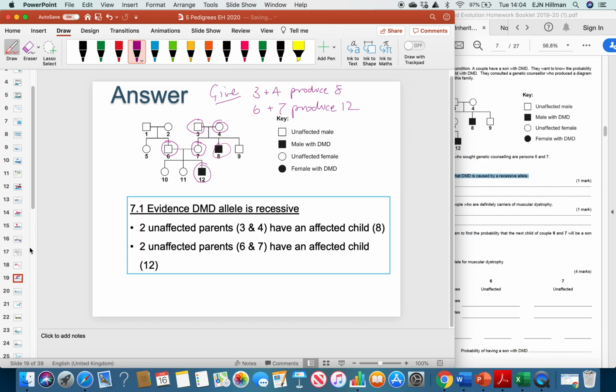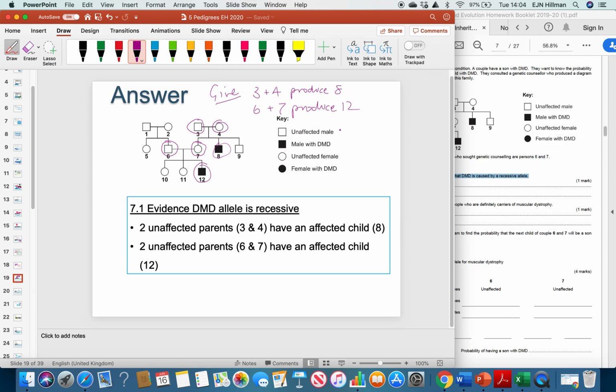Next, what is the probability that the next child born to individuals 5 and 6... Oh no, sorry. Given numbers of 2 people who are definitely carriers of muscular dystrophy.